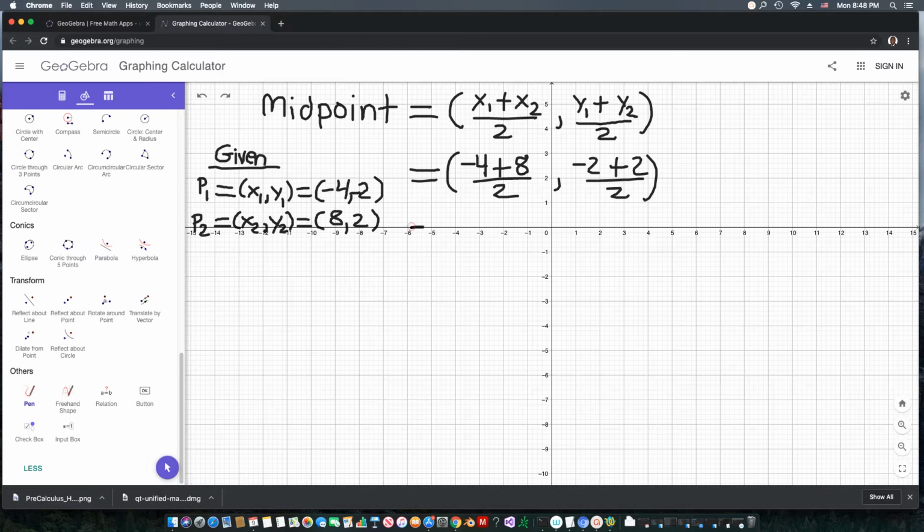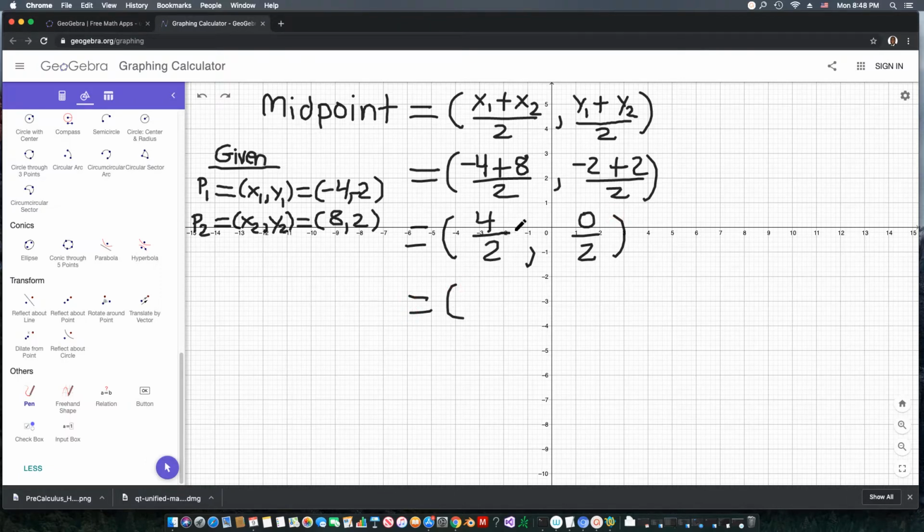All right, let's continue. -4 plus 8 is a value of 4. And divide that by 2, that represents the x coordinate. And on the right, we have -2 plus 2 is 0. And divide by 2.